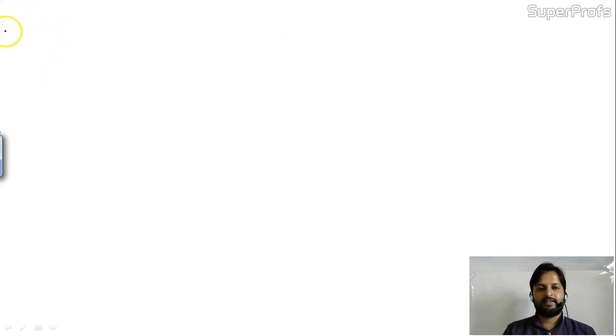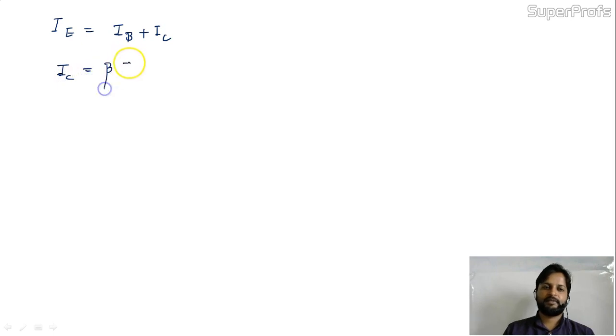So friends, in the BJT, the current relation is always IE is equal to IB plus IC, as you know this. If you talk about IC, IC is nothing but beta times IB in general, because ICO is 0.